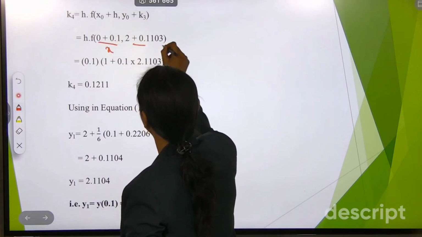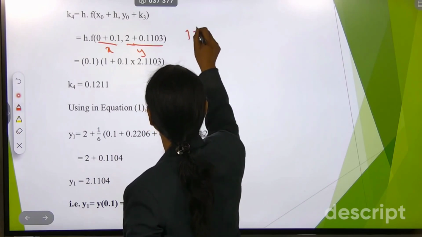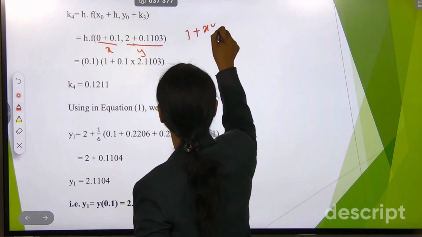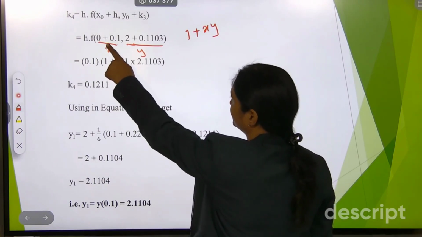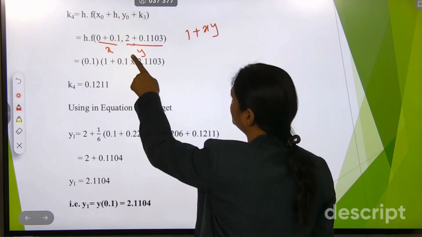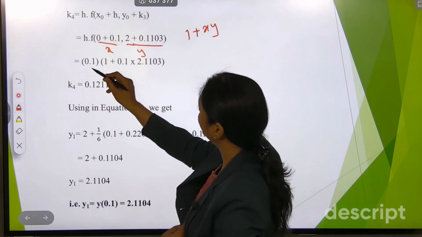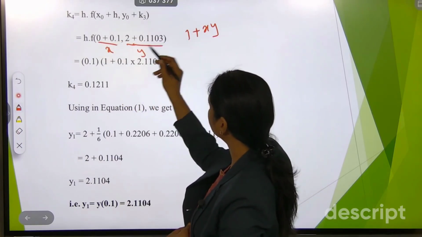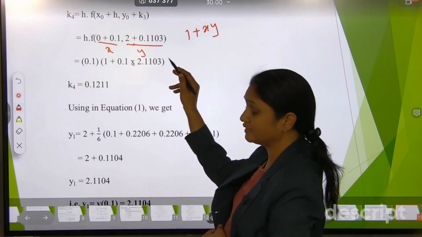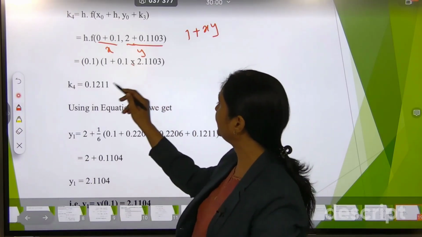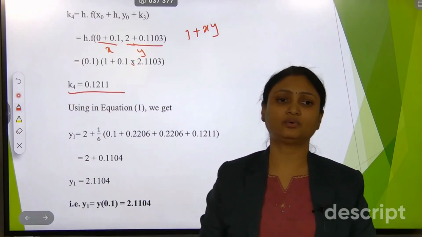As our function is 1 plus x into y, our x is 0.1 and y is 2.1103. So h is 0.1, and using the function we get 1 plus 0.1 into 2.1103, and finally calculating we get k4 is equal to 0.1211.